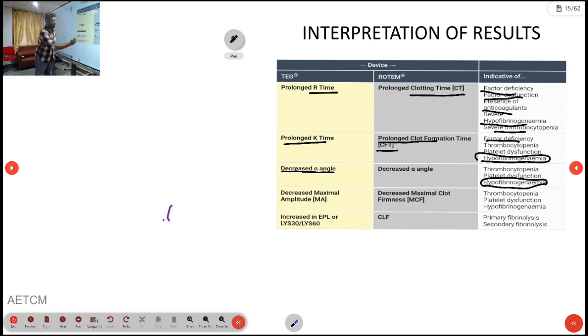If maximum amplitude is reduced, it mainly indicates thrombocytopenia or platelet dysfunction. And if there is an increase in LY30 or LY60, the lysis time is getting prolonged. In such conditions, it means there is primary or secondary fibrinolysis, which requires management with an antifibrinolytic agent.